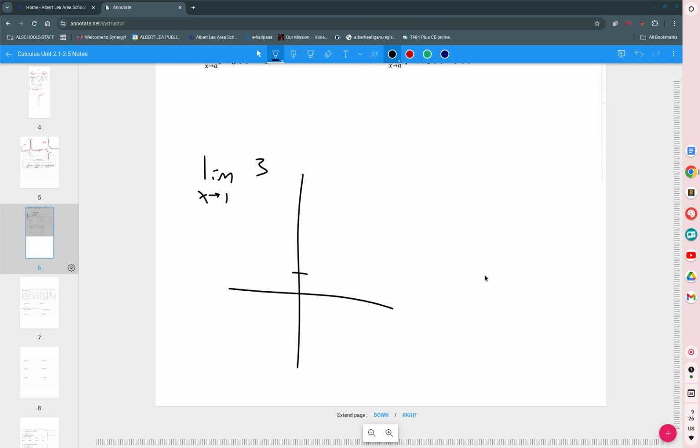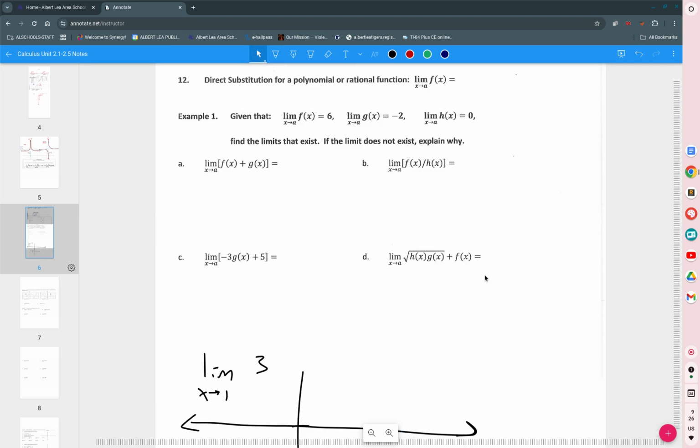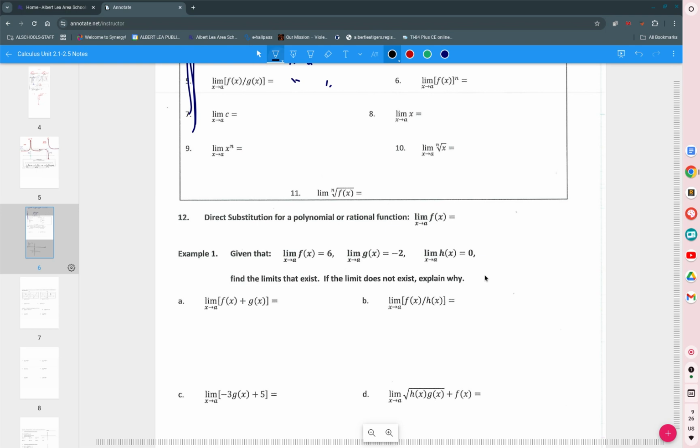That would mean that my function looks like this, right? So as x approaches 1, what does the y value approach? 3. As x approaches negative 2, what does the y value approach? 3. See how it's always just going to be that constant value? So if you have the limit of a constant, the answer is just simply the constant.